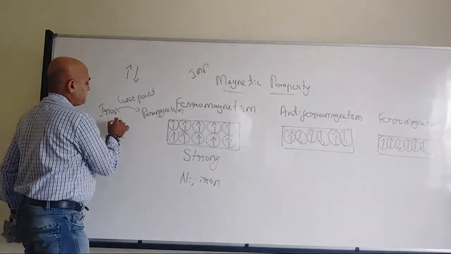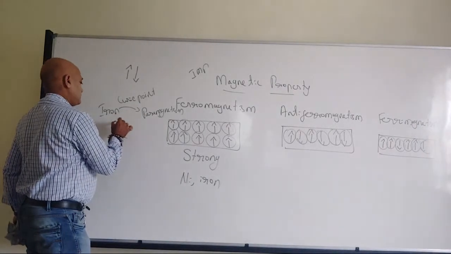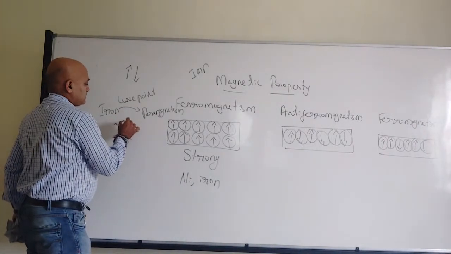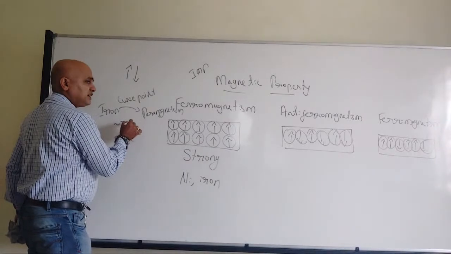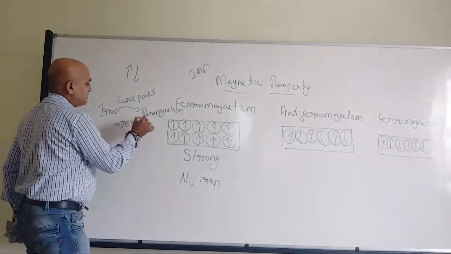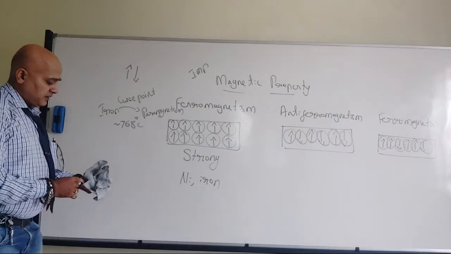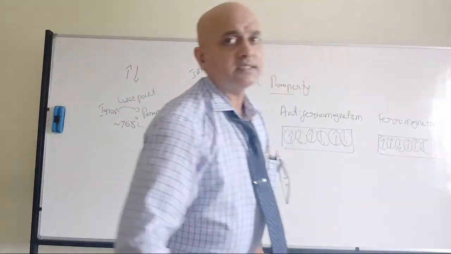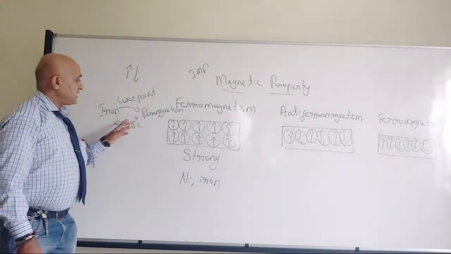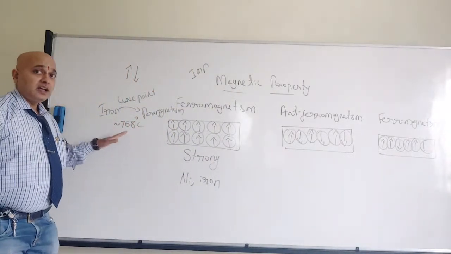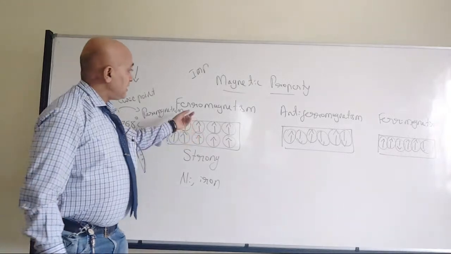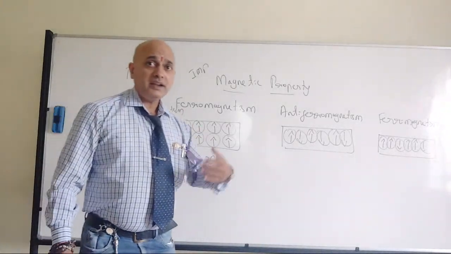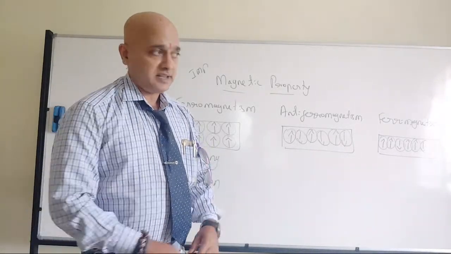If I am right, it is 768 degrees Celsius. Yes, if I am right. So at that particular temperature, iron, which is actually a ferromagnetic type of element, can behave as a paramagnet.